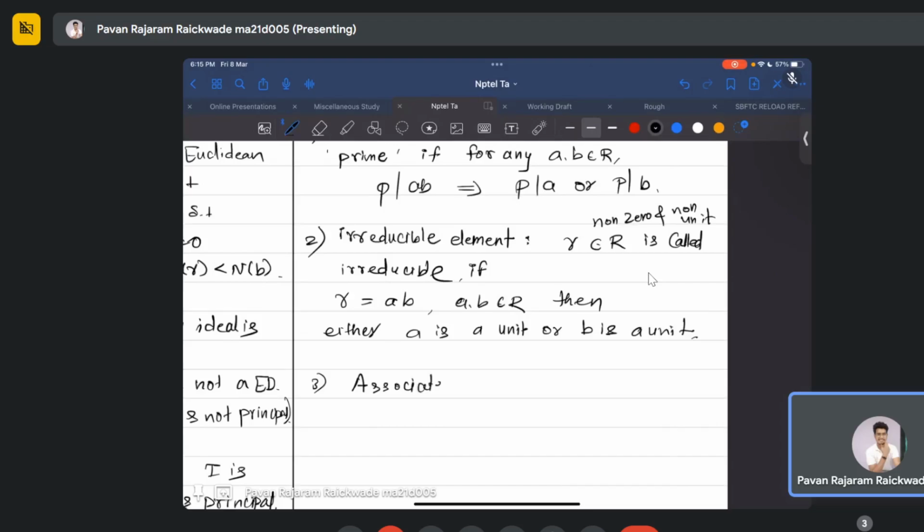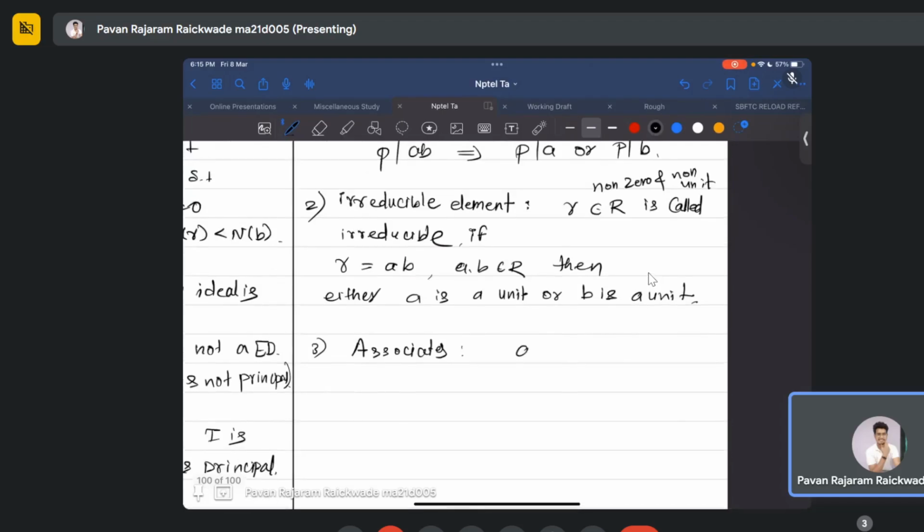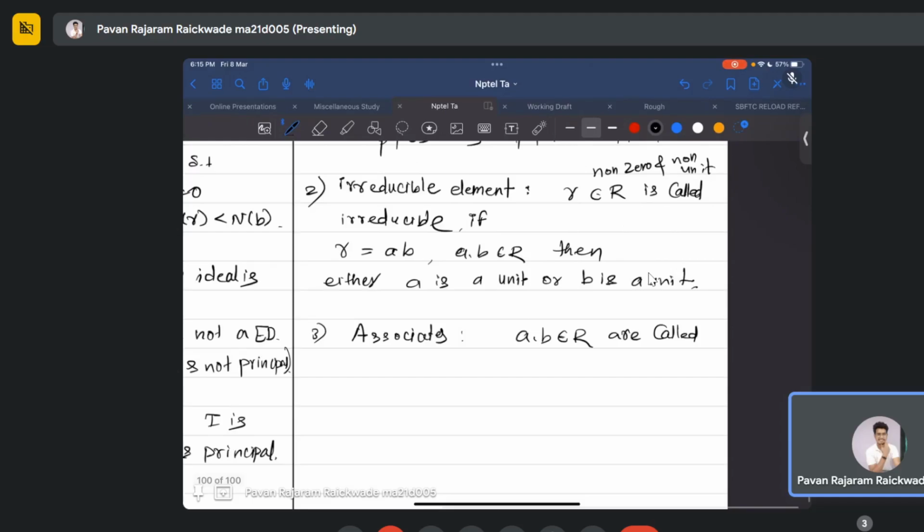Okay, we'll define the third definition: associates. Two elements A, B belonging to R are called associates in R if there exists a unit U in R such that A equals BU. They are just multiplied by a unit.